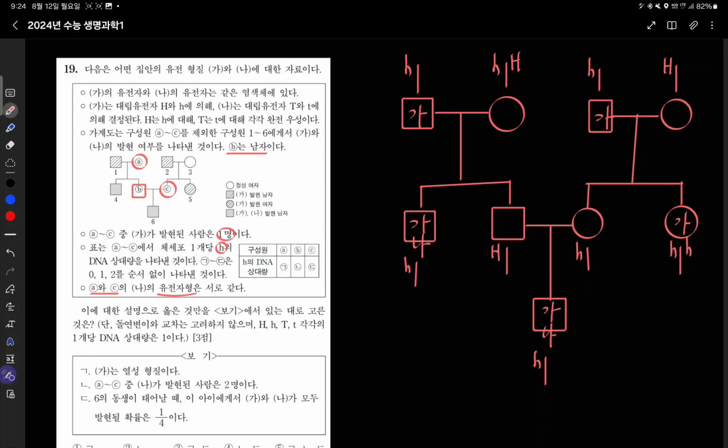So that means individual C is homozygous for lowercase h allele. So that means individual A has one lowercase h allele, B has no h allele, and C has two lowercase h alleles.